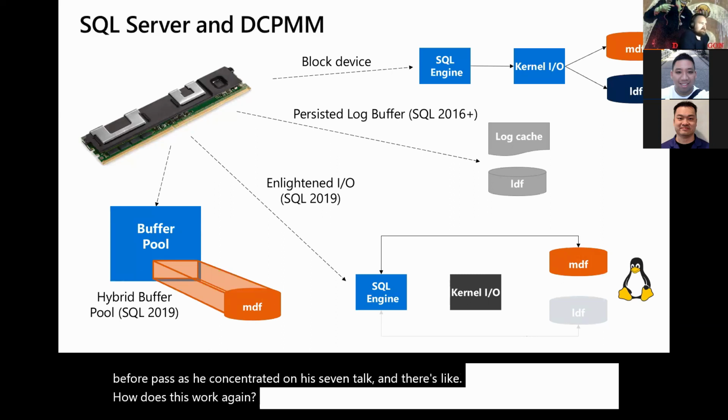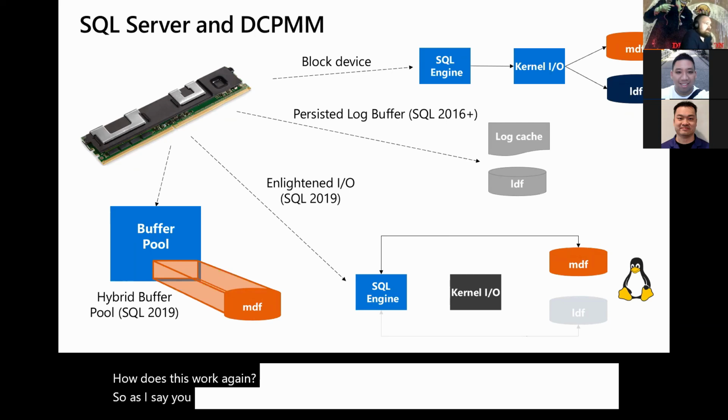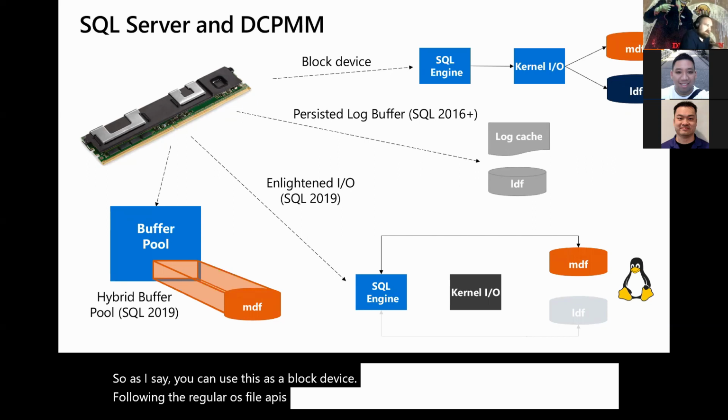So as you see, you can use this as a block device, calling the regular OS file APIs, and it behaves like really fast storage at that point.